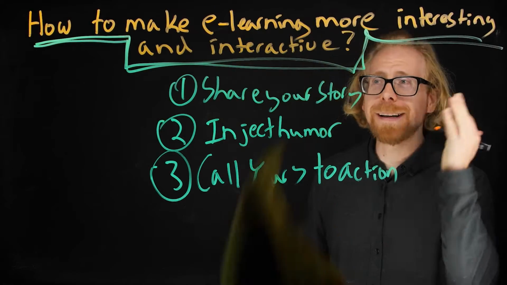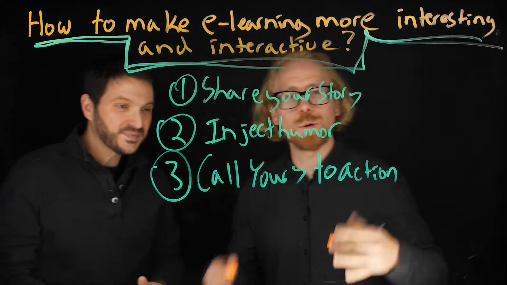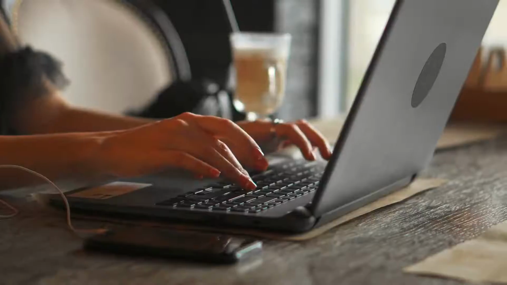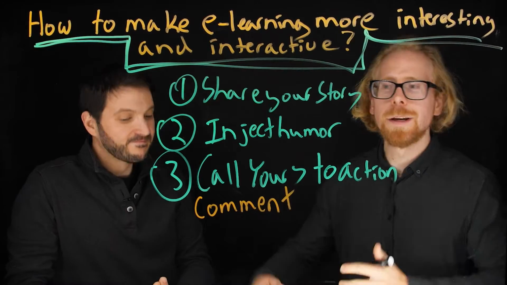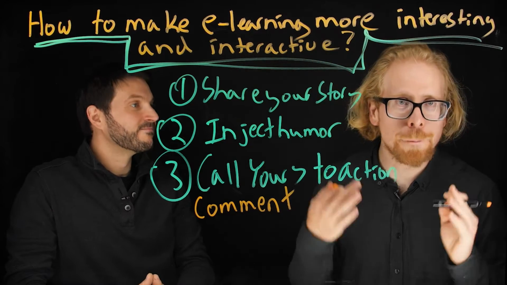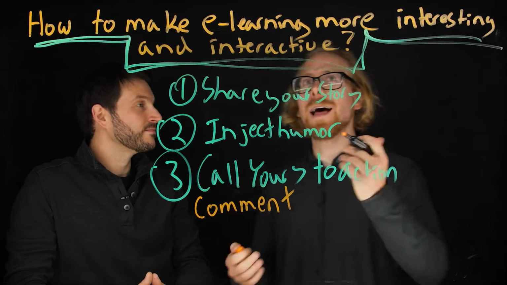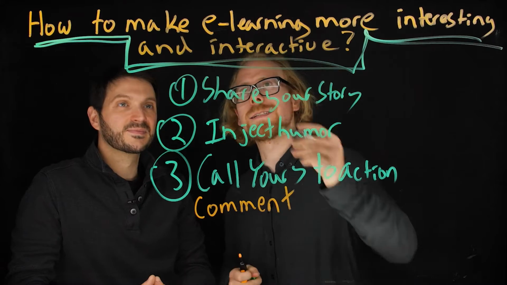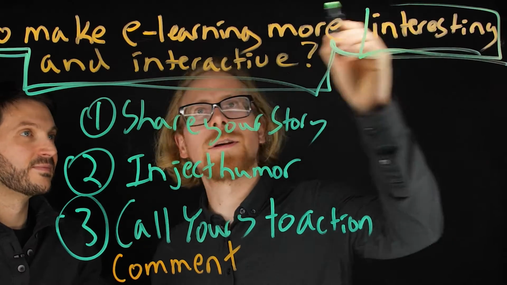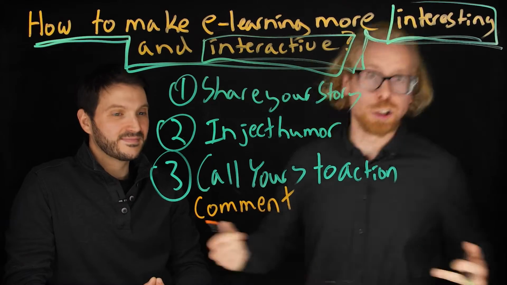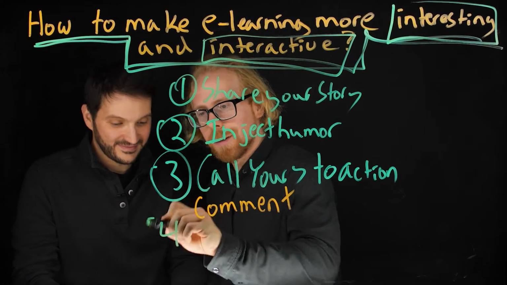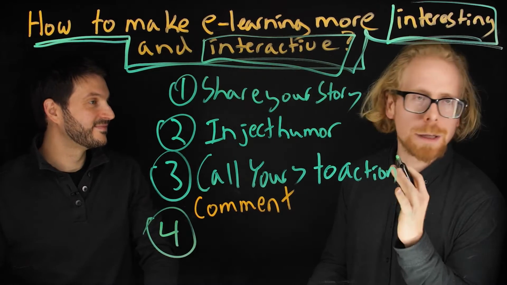Boom! At the very least, call them to interact with the course. And that could be leaving a comment. We have all of our learners in all of our courses comment on modules. We do that to not only make sure that they stay interested and interacting, we do it because we want them to give us ideas of how to make the course better.